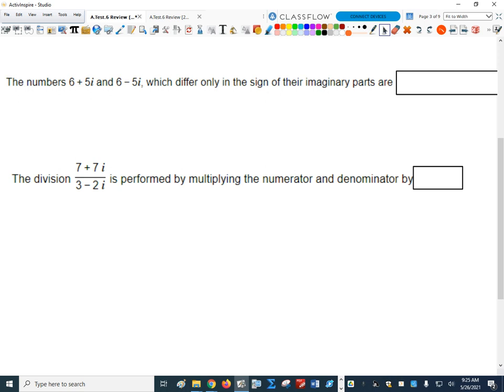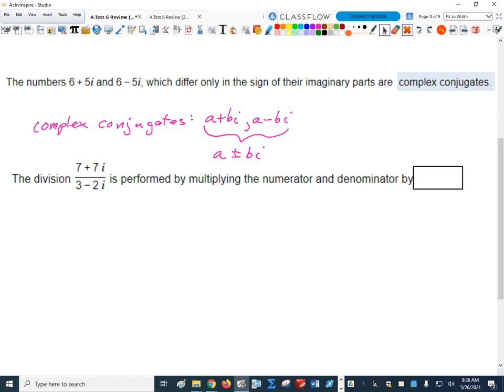Anything that fits this form, complex conjugates would be a plus bi and a minus bi, which we could write as a plus or minus bi. Okay, that's the definition of complex conjugates.